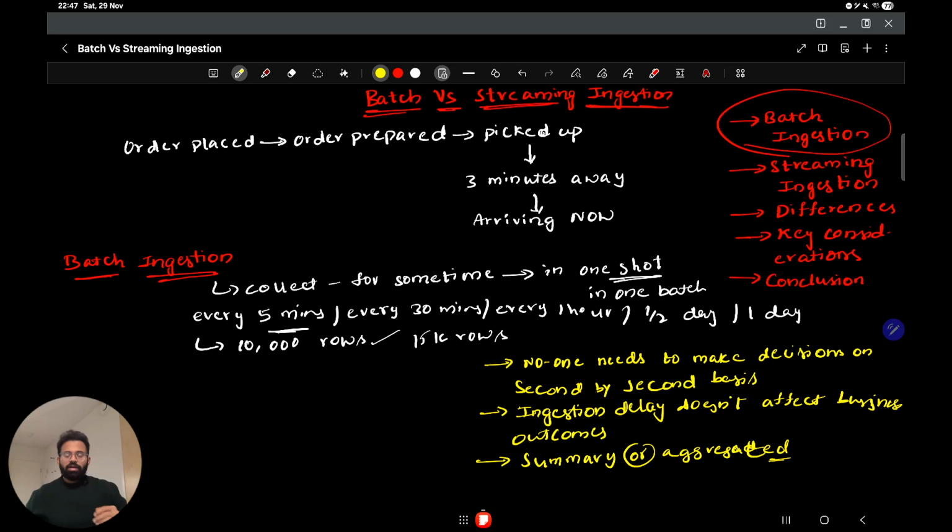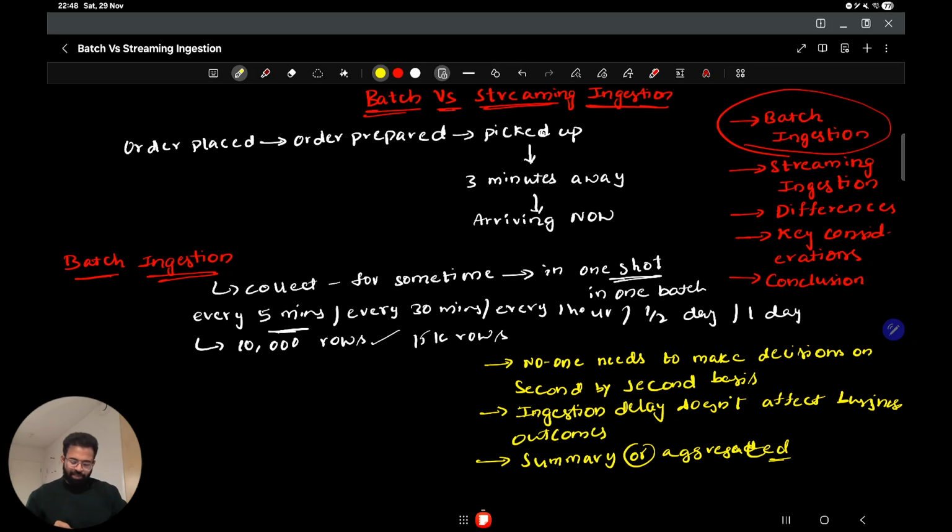Even now there is a lot of infra available where you can provision managed infra, or you can maintain the infra by yourself. But streaming ingestion always comes with a lot of challenges that you need to address. And if there is no cost to benefit, then it won't really make sense to go with streaming ingestion. So this is about batch ingestion.